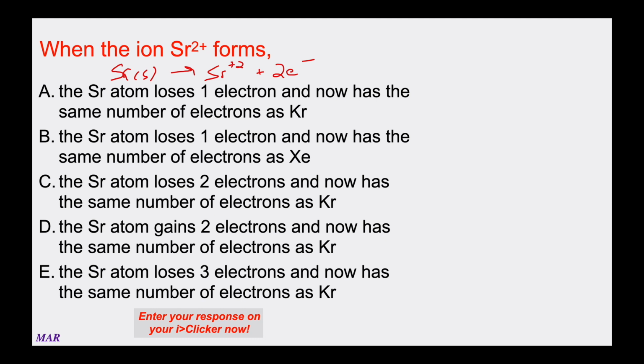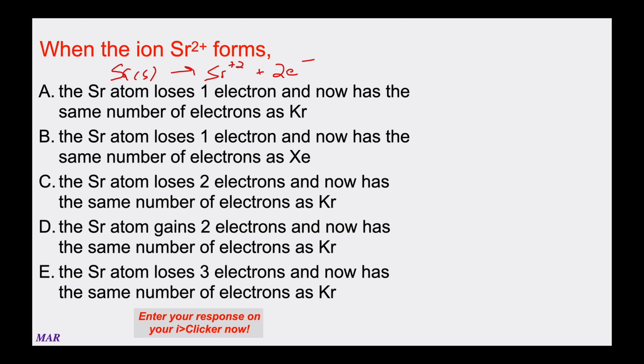If you lose 2 electrons, then you still have 38 +1 protons, but only 36 -1 electrons. So 38 minus 36 is where the +2 comes from. Those 2 electrons are lost, more protons than electrons, that becomes a positive ion.